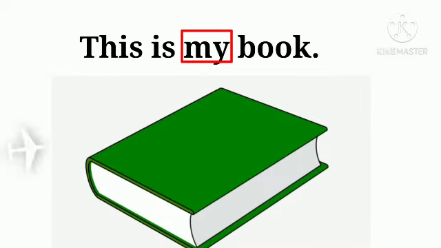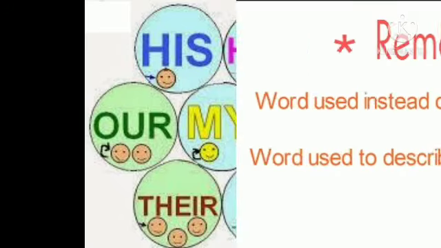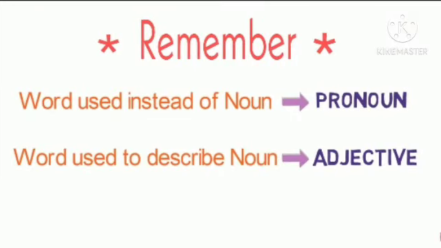Now, these words sound similar to pronouns, but they are not. Both are used in different contexts. Remember, if the word is used instead of a noun, then it is a pronoun. If the word is used for describing a noun, then it is an adjective.